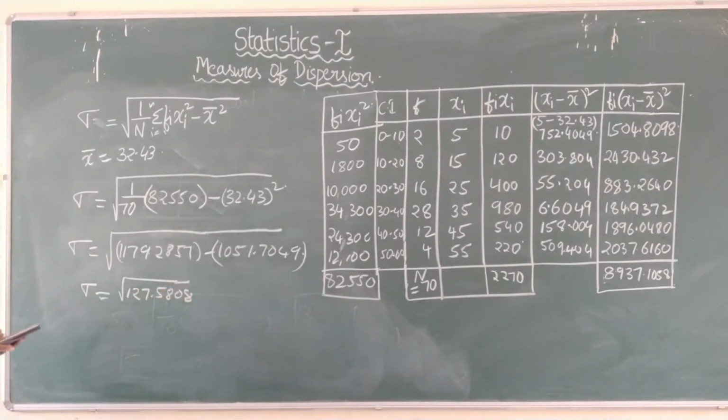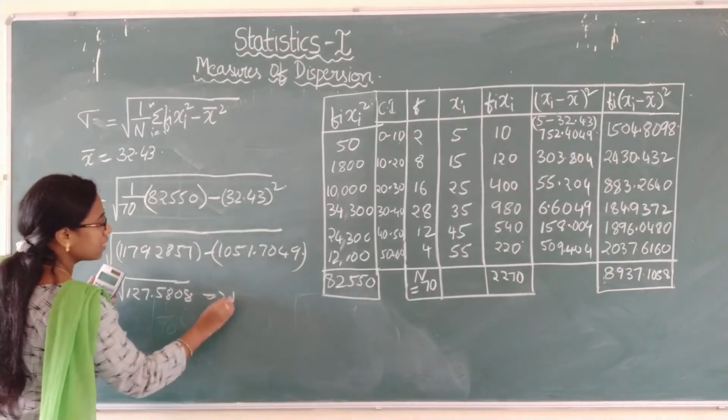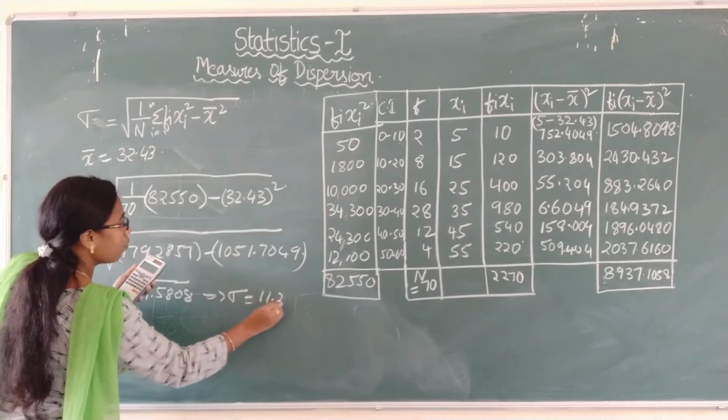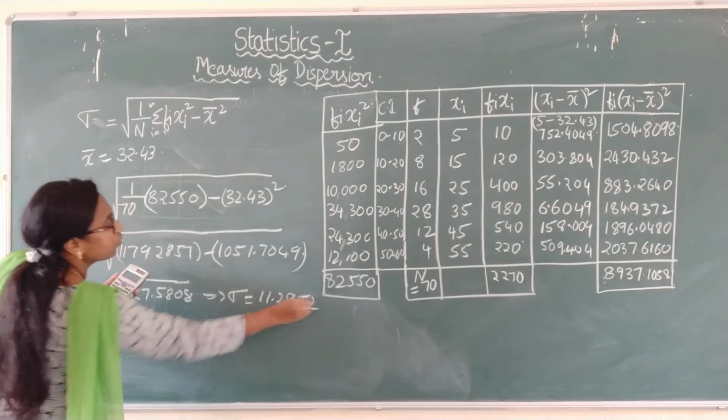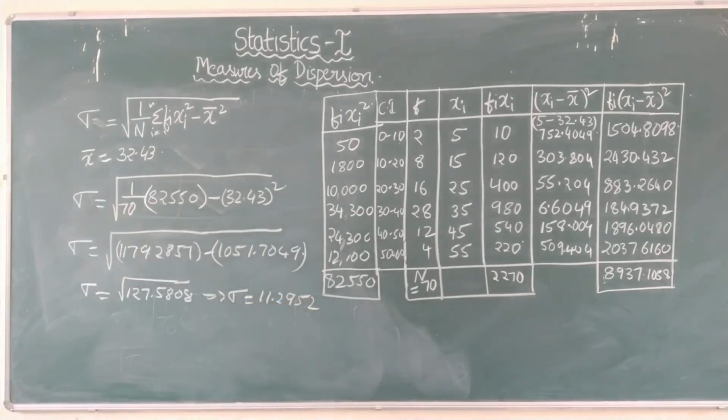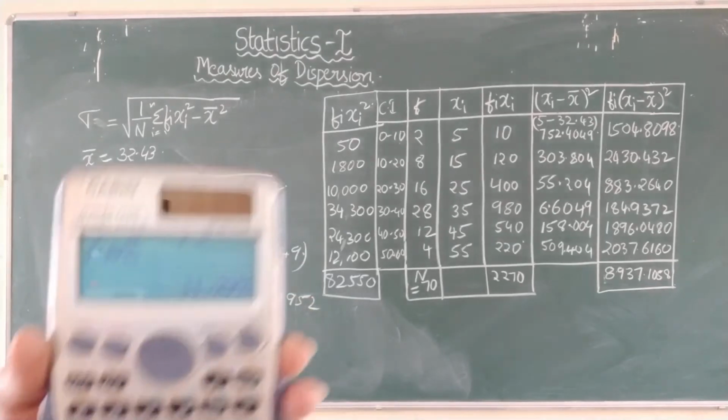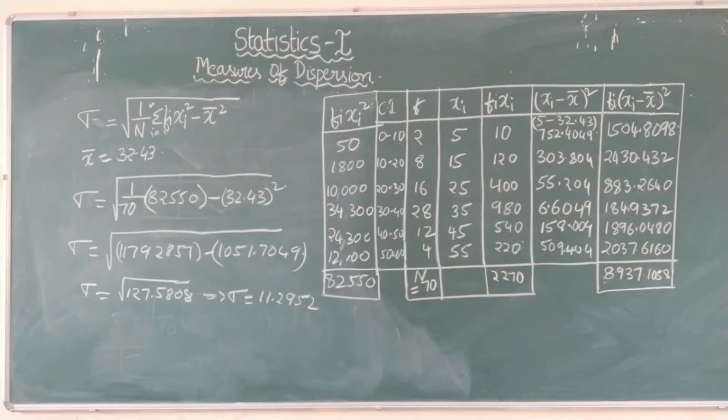So find the square root of this one, which implies sigma equals to 11.2952. So approximately both are equal to 11.29 only. So either you use the first direct method or the simplified formula, your answer will be the same. You can use any one formula, that depends on your wish.